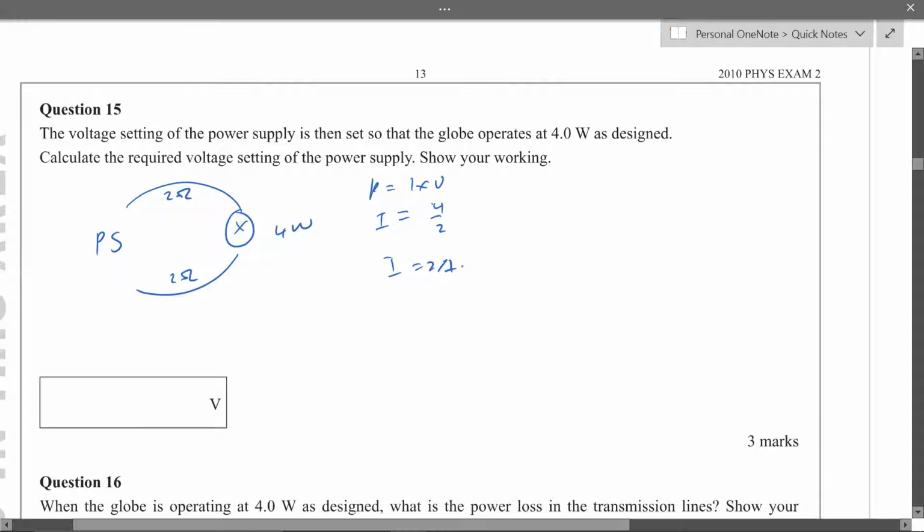Then V drop is what's lost in the power lines, so I times R, that's 2 times 4, which is 8. Then the V from the power supply is the voltage here plus the voltage that we lost, so it's 8 plus 2, which is 10.